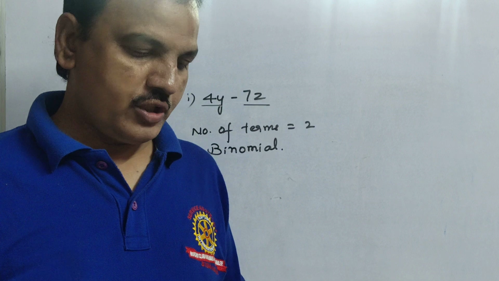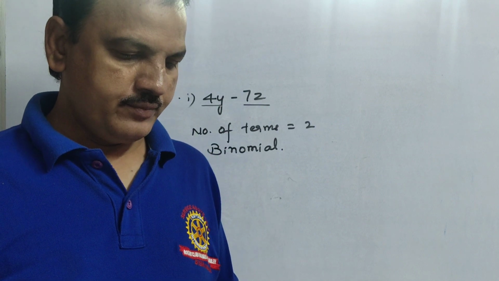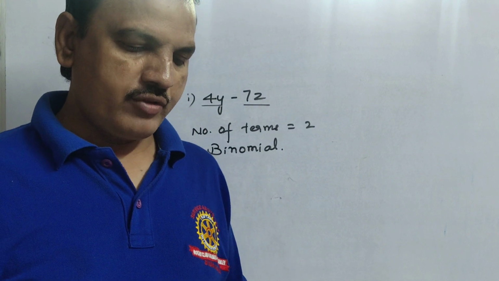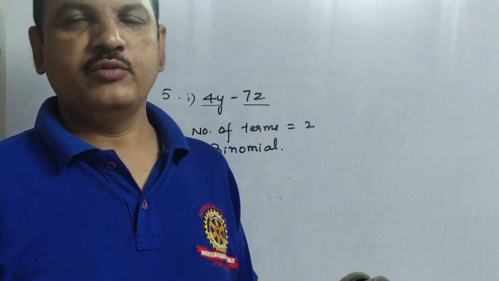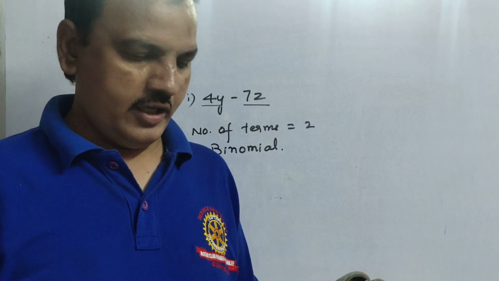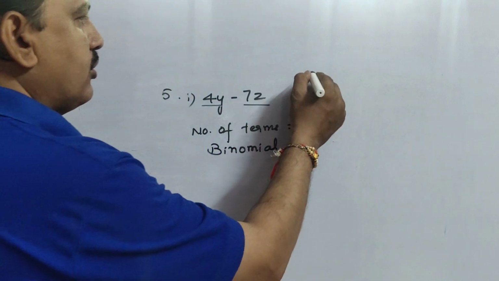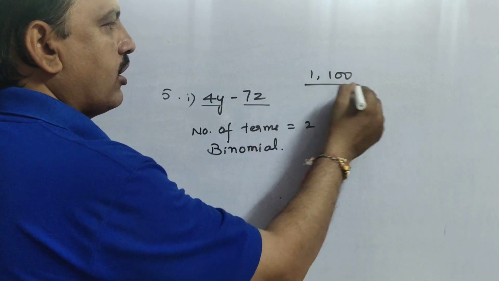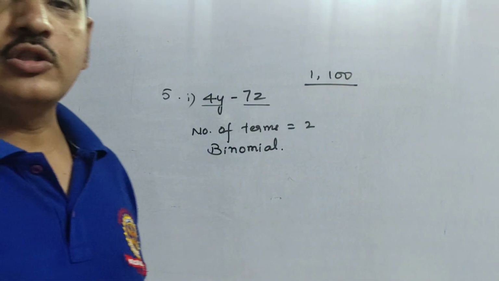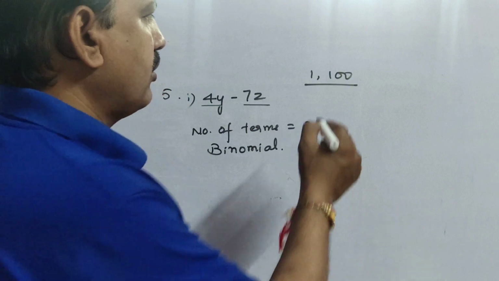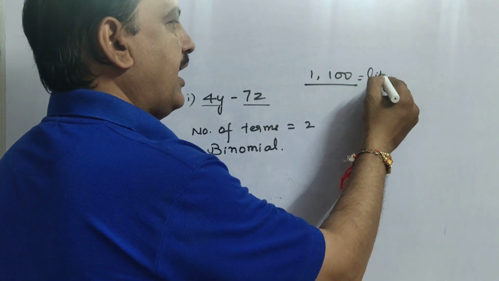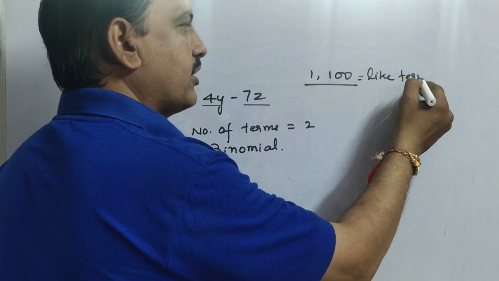Next, coming to the sixth question. State whether a given pair of terms are like or unlike. This also we explained, like or unlike. Here 1, 100. These both are constants. That means they both are like terms. So 1, 100 equals like terms. Like that you have to write.